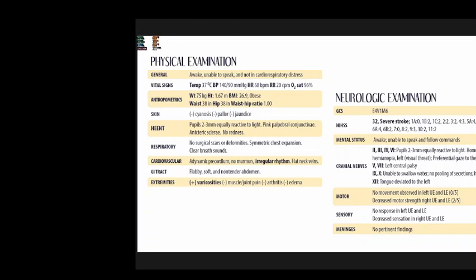Sorry, 0.5 to 1.5 grams per kilogram body weight. Yes po, Doc. Go by 0.5. So 0.5 times 75 is? 37.5 po. Okay, 37.5.